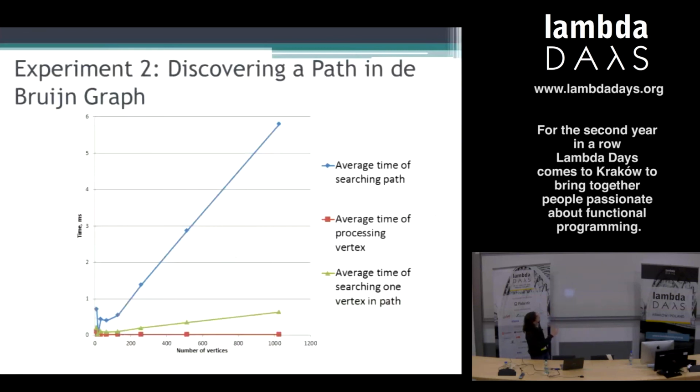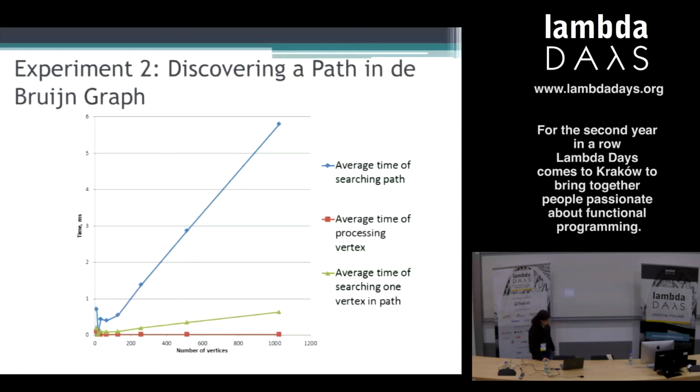This is really an important example. It was inspired by one of my mates from Uppsala University, and this is a real example of searching a path in a de Bruijn graph. It's a task from bioinformatics. This is about genome assembly. For example, I want to find a chain from gene A to gene B. There were some restrictions.